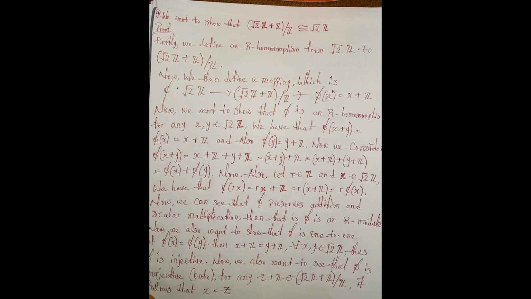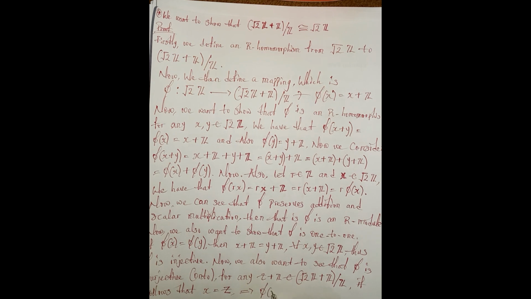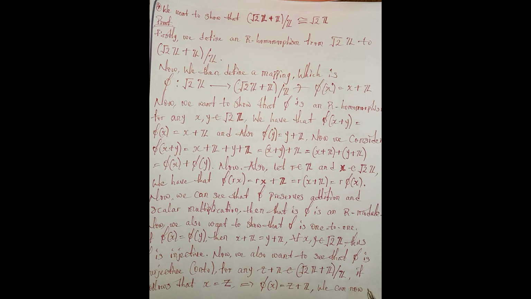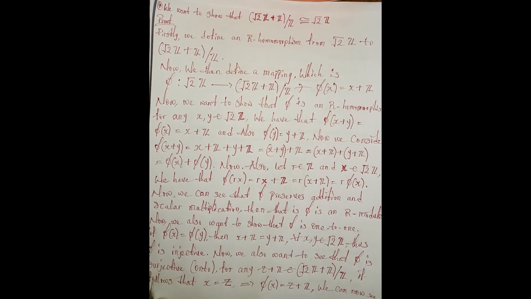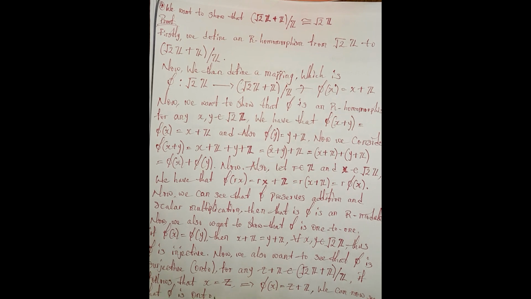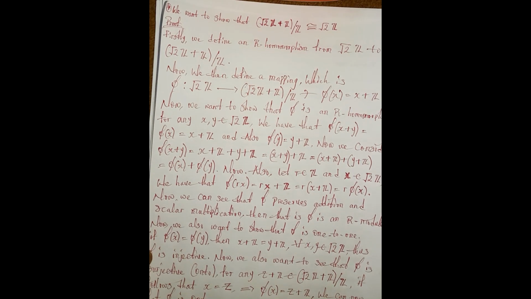Now we see that this implies that phi of x is equal to z plus script z. With this assumption, we can now see that phi is onto.